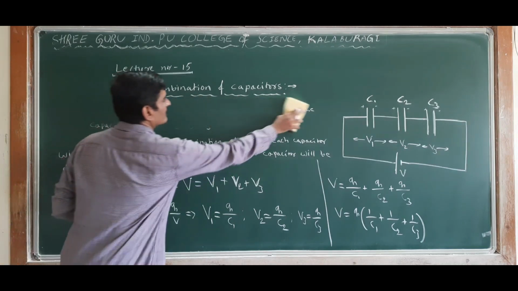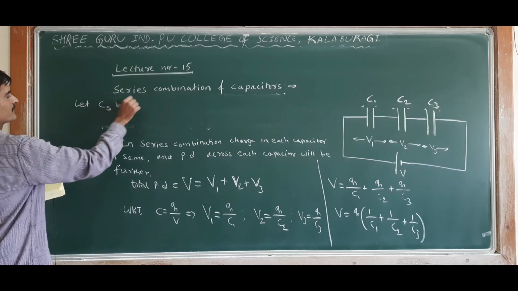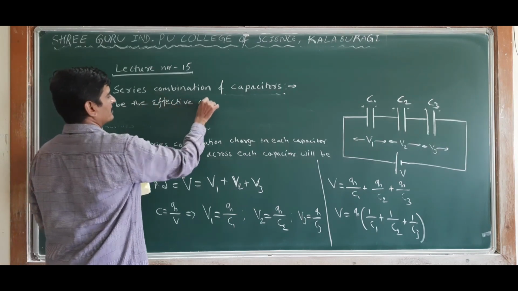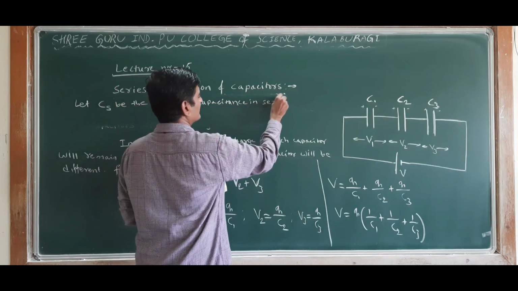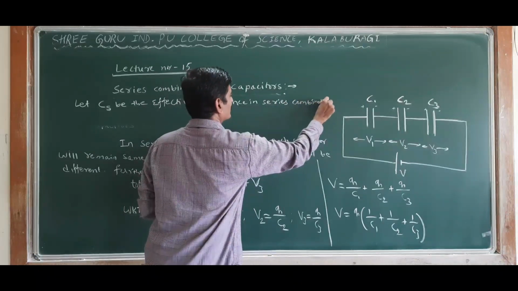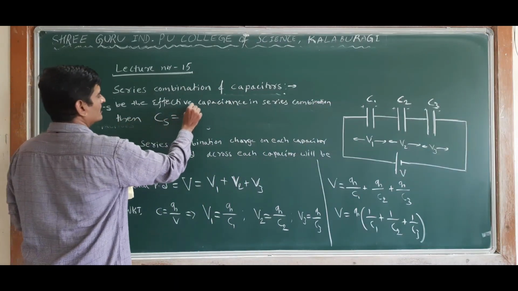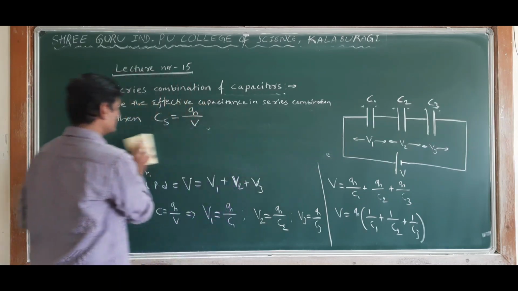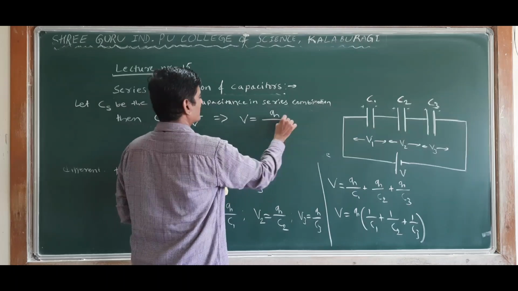So let CS be the effective capacitance in a series combination, then we can write CS is equal to Q divided by V. So therefore V is equal to Q divided by CS.